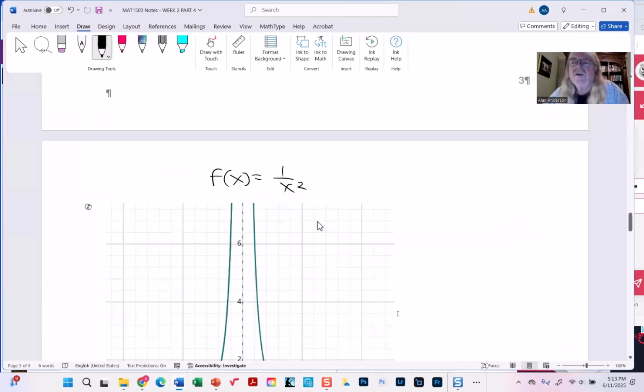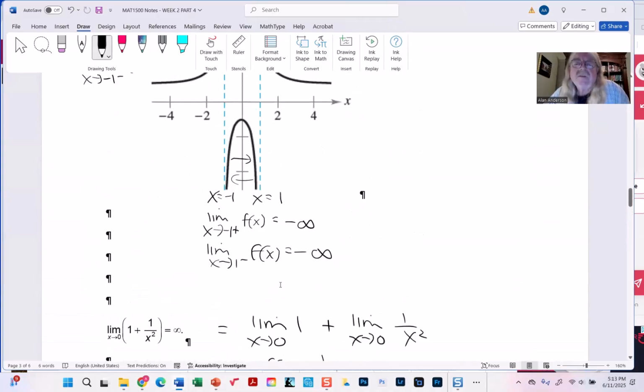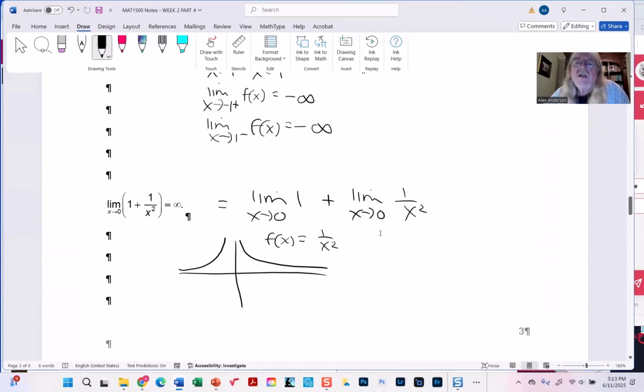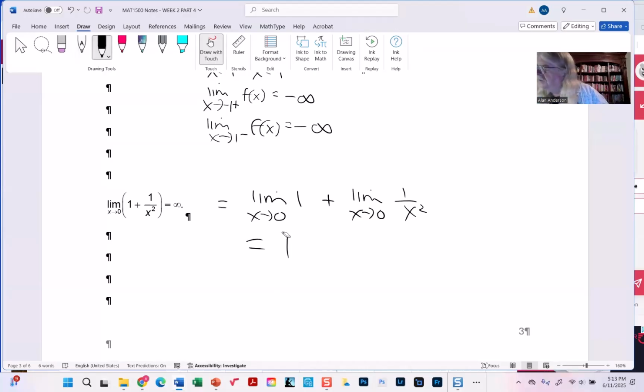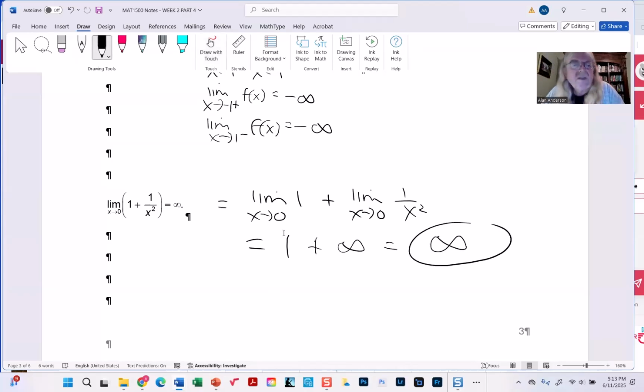This result will be very, very useful throughout calculus. Actually, it may not seem so important, but it really is. The idea that the limit of something like this, as x goes to zero, is infinity. So that means that the sum of these two can be done like this. You've got one plus infinity, and as we just saw from all those properties, we have infinity. All right, so that kind of makes things easier for us.